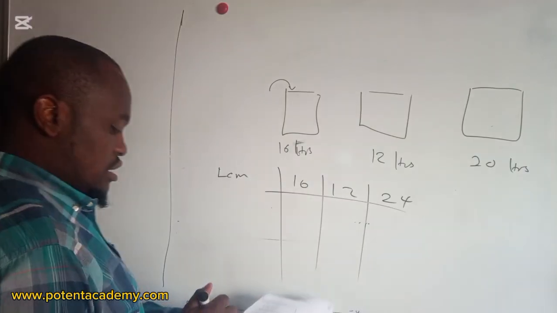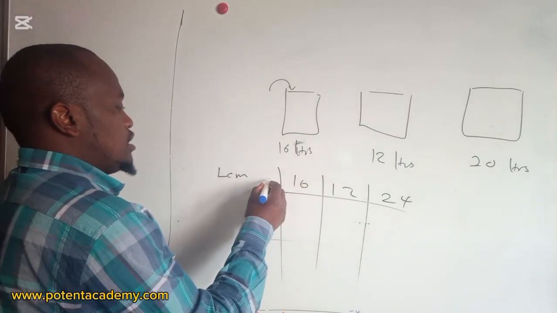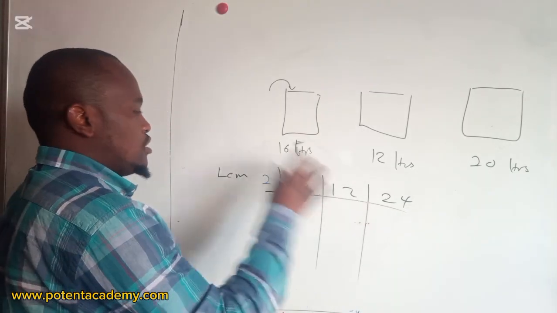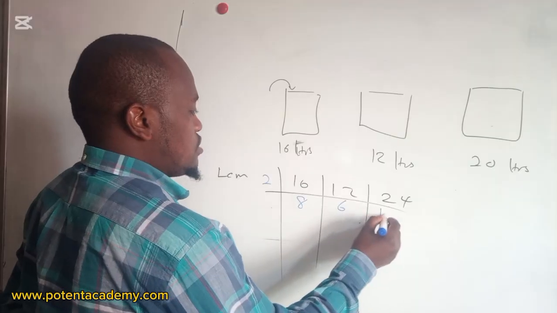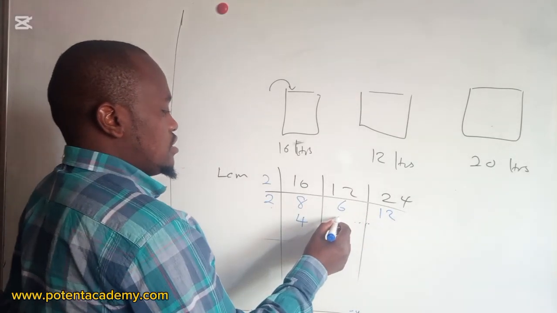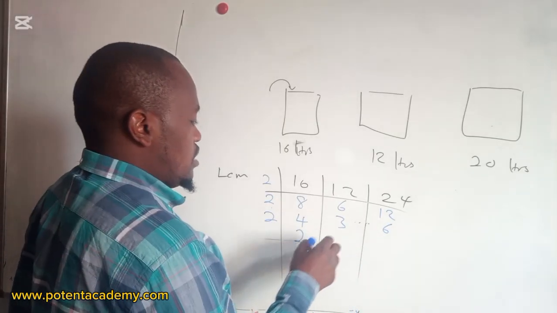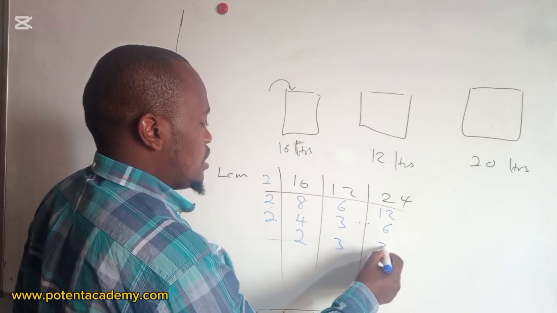This is how we do it. By 2, 8. A common multiple here is 2, then 6, then 12. Then you also have a 2. This is 4, this is 3, this is 6. You have a 2, this is 2. This one is not divisible by 2, so you drop it there. This one is divisible, you get 3.